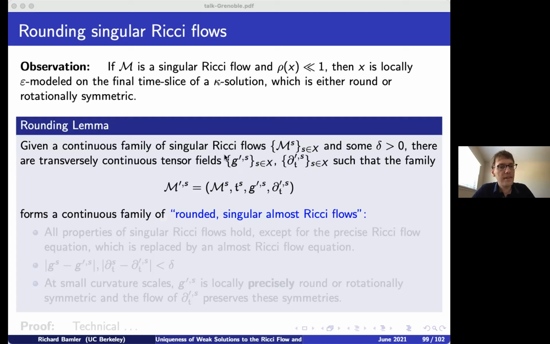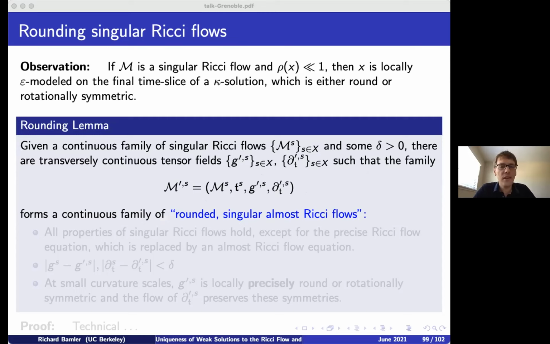It says that given a continuous family of singular Ricci flows, which we expect we've already constructed, and some delta, there are transversely continuous tensor fields, g'_s and ∂_t'_s, replacing g_s and ∂_t_s, such that these flows form a continuous family of, you could call them, rounded singular almost Ricci flows.